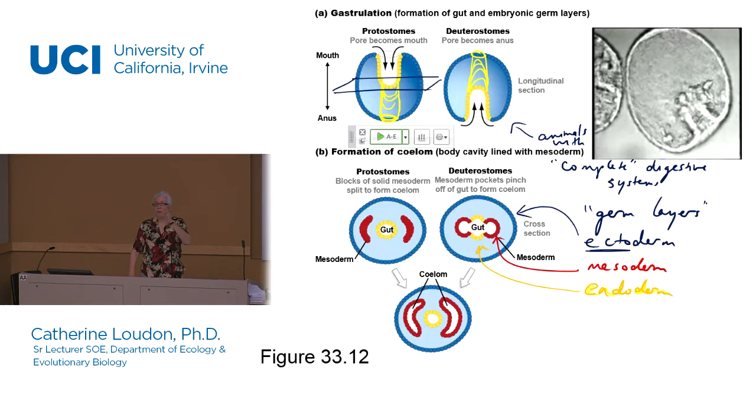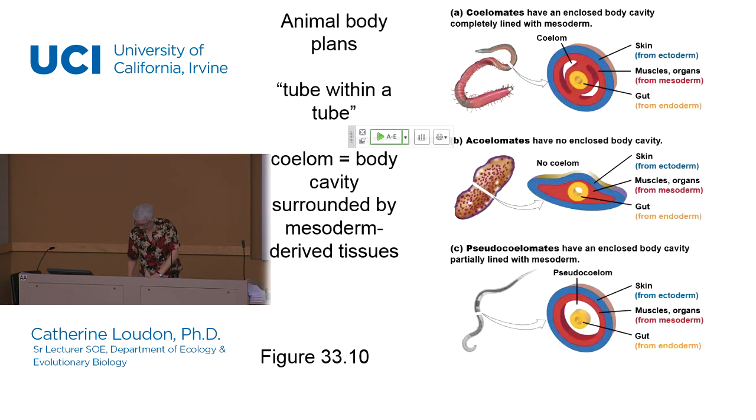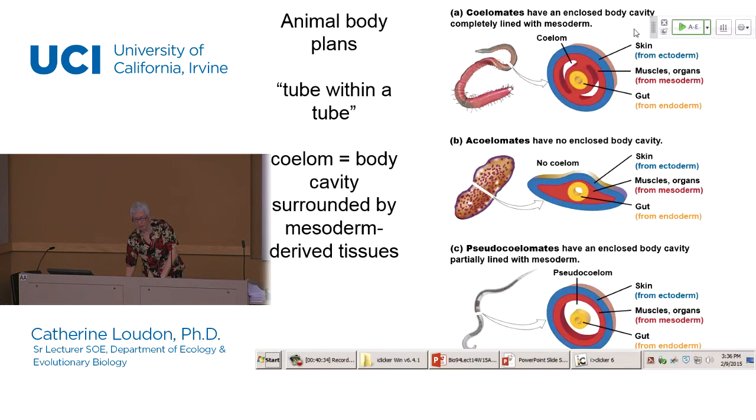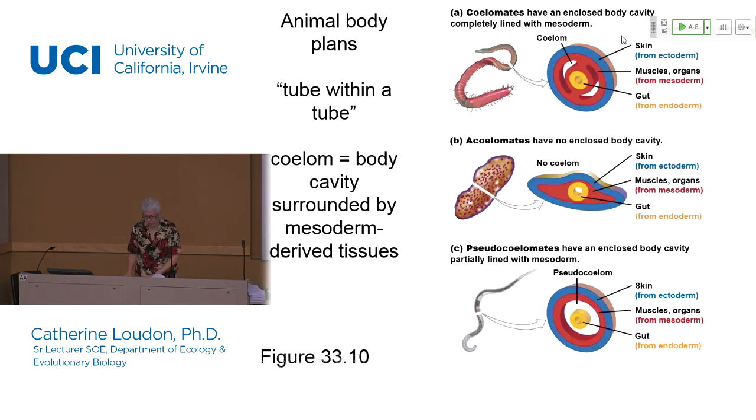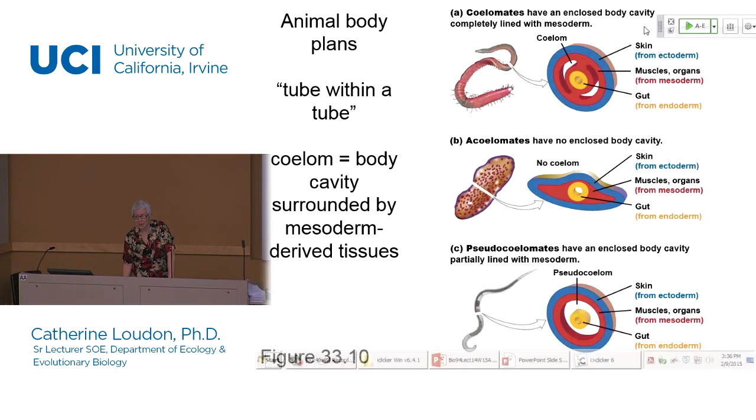One can follow the fate of these early germ layers later on in the adult form of the body, and that's shown here in figure 33.10, which is now in front of you, which shows cross-sections of a number of different kinds of worms, which are very different in structure, although from the outside they're all worms. We'll spend more time talking about worms in the next few days.